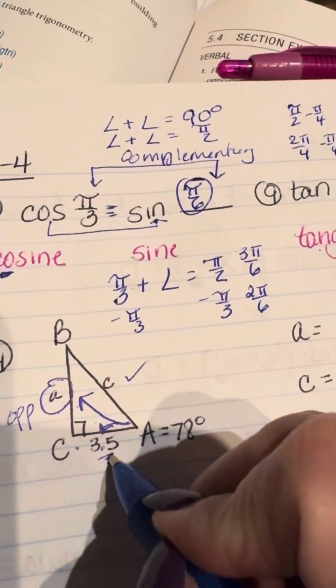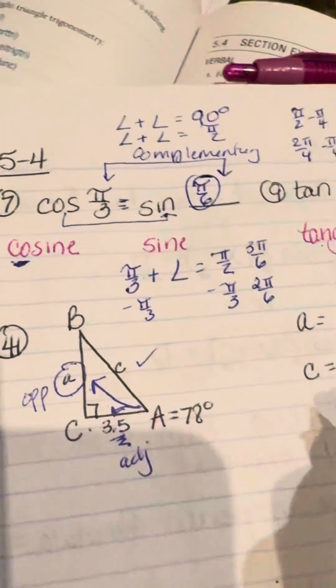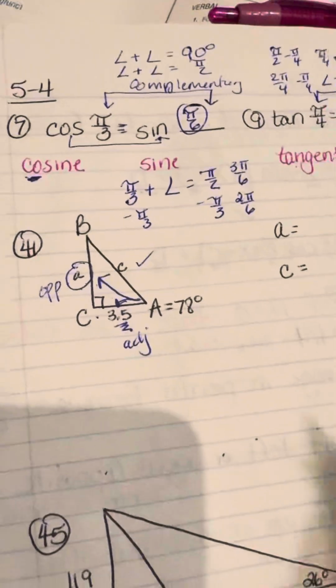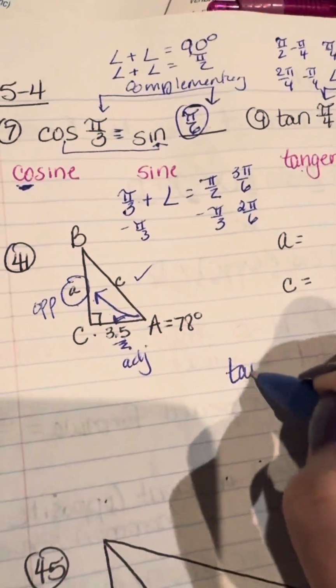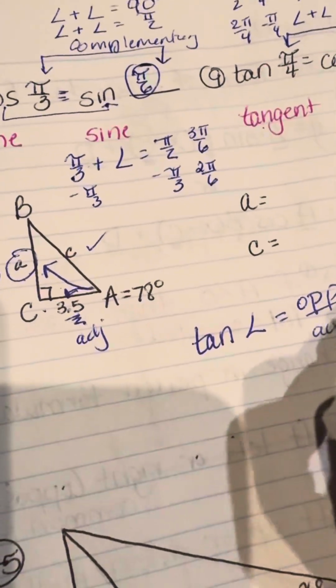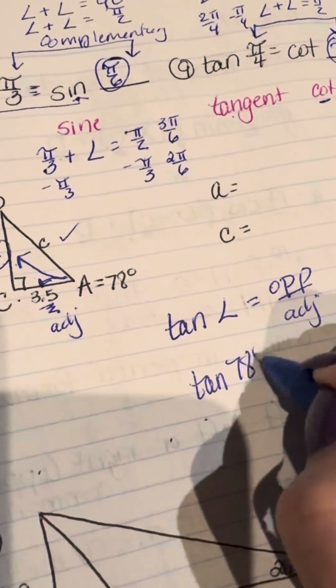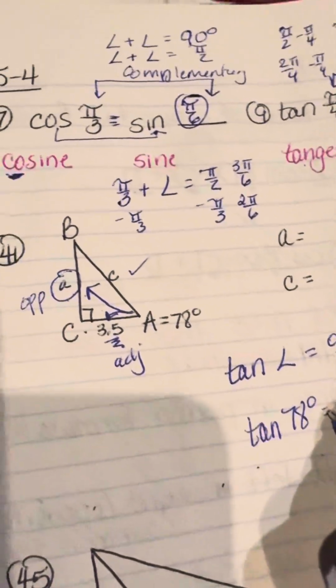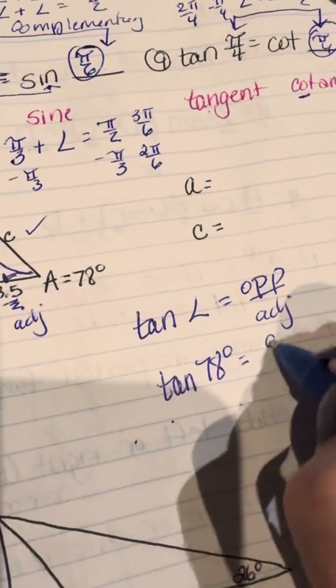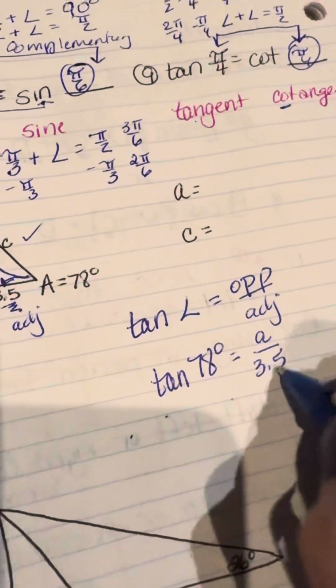Is it the hypotenuse or is it adjacent? It is adjacent. The trig function that has to do with opposite and adjacent is tangent. The tangent of any angle is opposite over adjacent. So now fill in the stuff. Tangent of 78 degrees equals the opposite, which is A, over the adjacent, which is 3.5. And then we solve this.